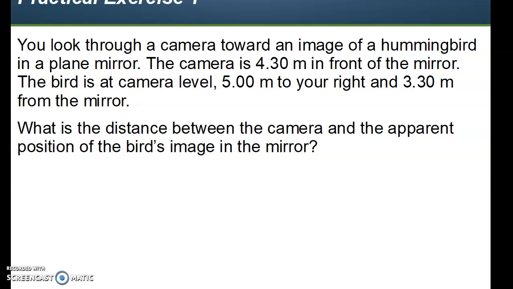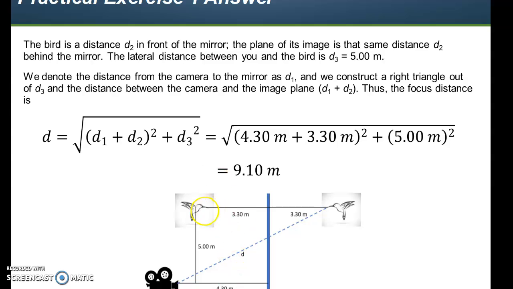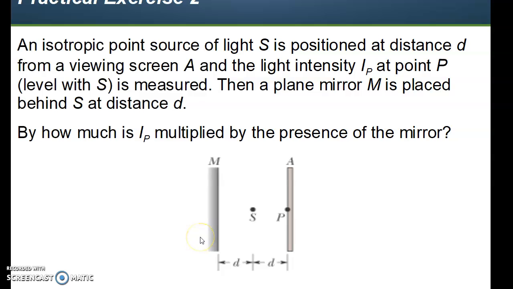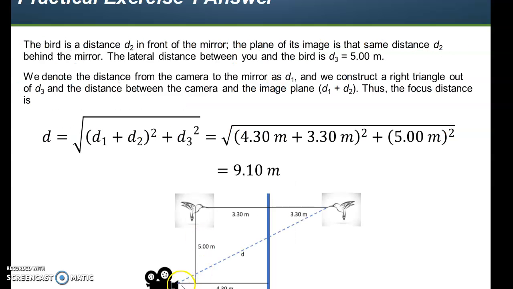So essentially you're going to draw a diagram of this. Here's your camera, here's the mirror, and that's the 4.3 meter distance. The bird is closer than that at 3.3, but it's higher up over here. So the distance is going to be this distance right here to the image, isn't it? Well, that is just a matter of this distance plus this distance, and the square of this distance and the square of this distance.